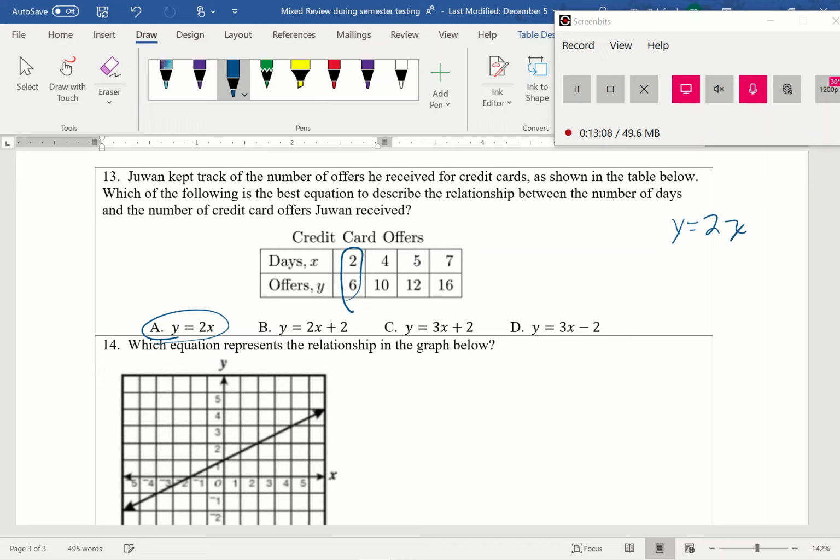Write the equation and substitute the numbers for the letters. 2 times 2 is 4. 6 does not equal 4, so the answer is not A.